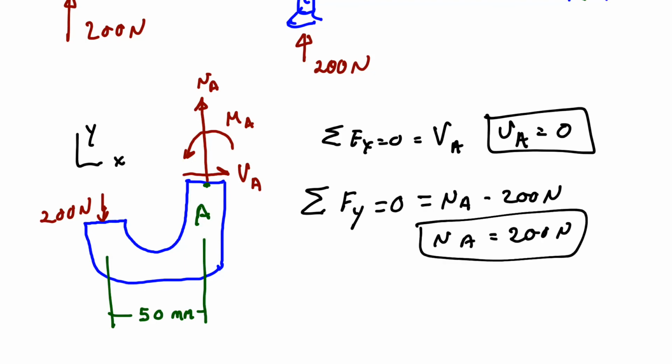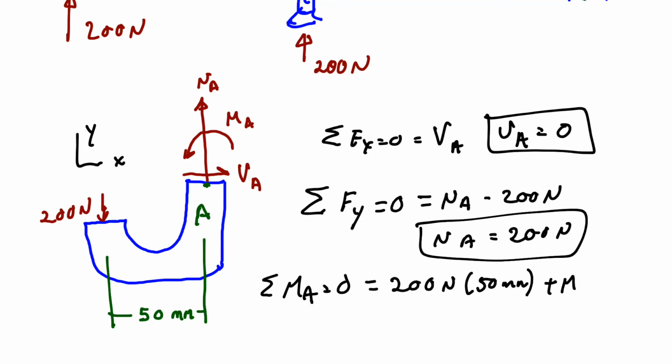And then last, we will look at the moment, and with some moments at A, set that equal to 0. We have a NA, which is 200 newtons times a distance of 50 millimeters, and it is a positive moment. And then I also have a positive moment the way I drew it, MA.